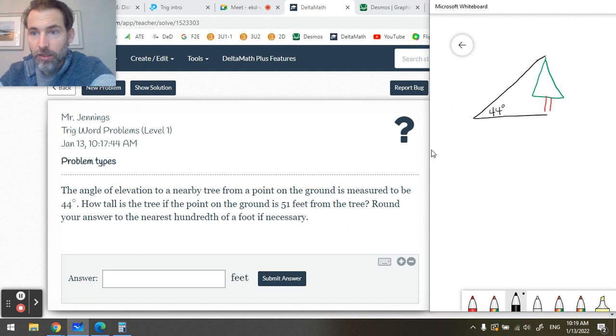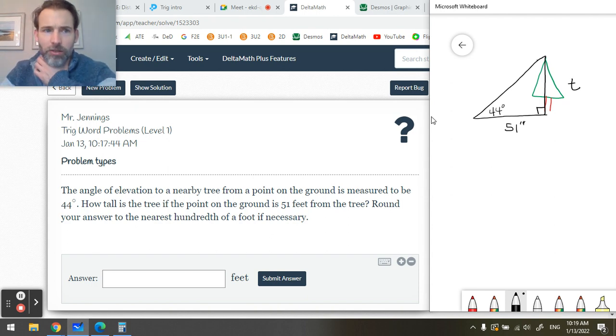Okay, so here, the top of the tree is there. I don't know how tall the tree is, but I want to find it. Call the height of the tree T. Then I know that this is 51 feet. Oh, wait, that's inches. 51 feet from the ground. If it was 51 inches, that would be a short tree. And this will make a 90-degree angle. So here is my triangle. There. 44 degrees, 51 feet.